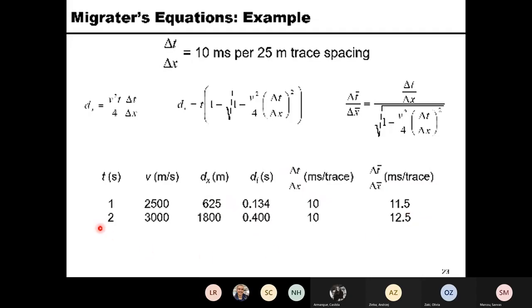Now, for 2 seconds, your velocity increased a little bit. It was 2.5, but now 3 kilometers per second. The dx shift is even larger, very large, 1,800 meters. So you cannot simply ignore it, right? Huge. And the dt is also huge.